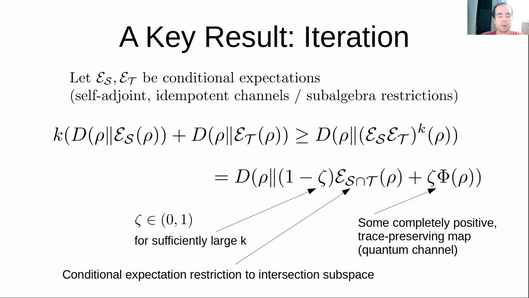And so for a long enough such composition in alternating order, eventually this will turn into a convex combination of a conditional expectation to an intersection subalgebra with another quantum channel. So combined with the relative entropy comparisons, we can derive some new results using this.